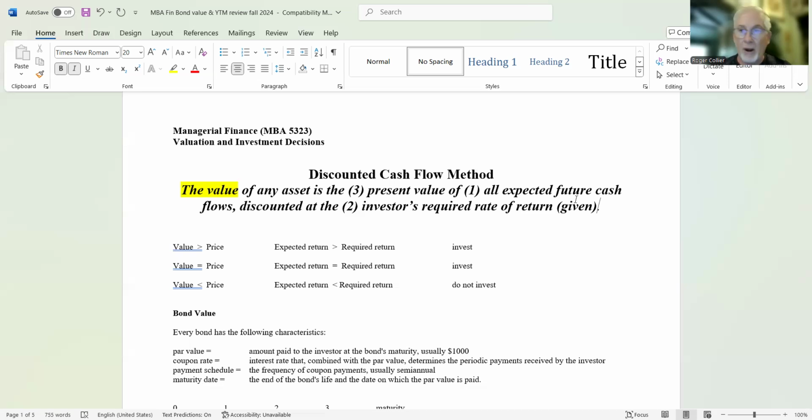All right, we'll come around to that later and see how to estimate it. But for now, that required rate of return is given. All right, so that I'll give you. Present value, we know how to calculate. The only thing we had to deal with the bonds was what are the expected future cash flows. All right, and we'll get back to that for a second.